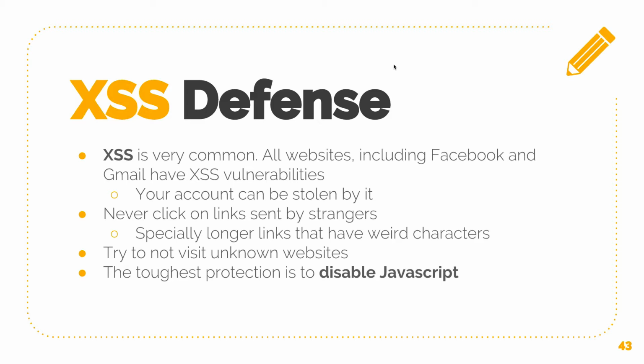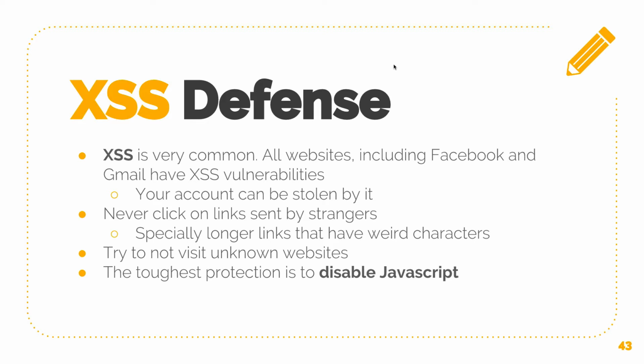Do not click on links that look suspicious and are sent by people you don't trust, especially links that are longer and have weird characters. It doesn't matter if it's on Twitter, on Facebook, or on any website. As long as you do not click on things that you do not know, the risks of getting XSS exploits on your machine are minimized.